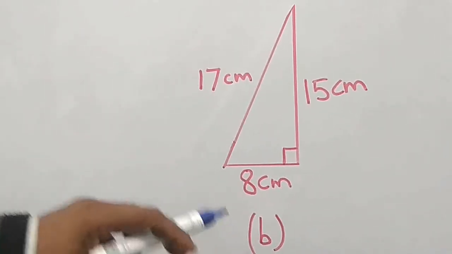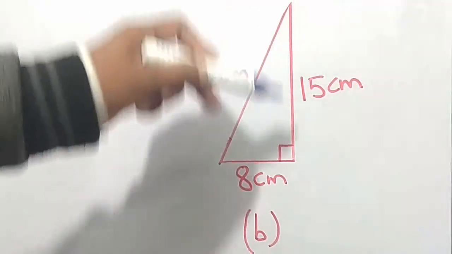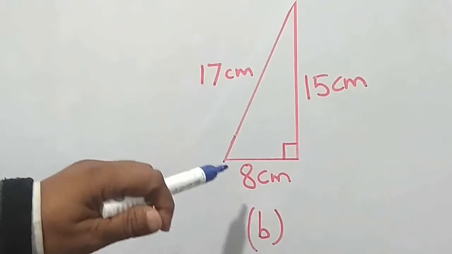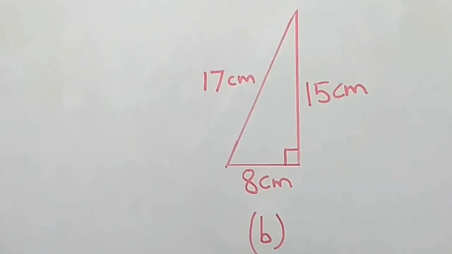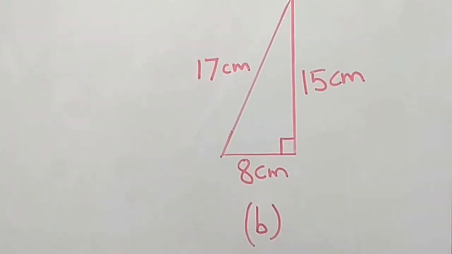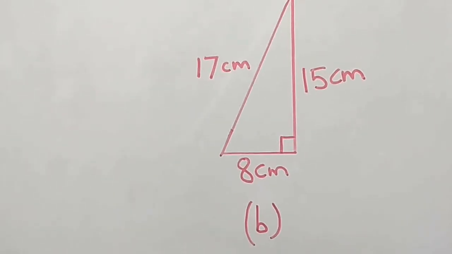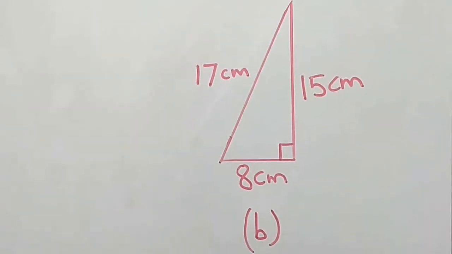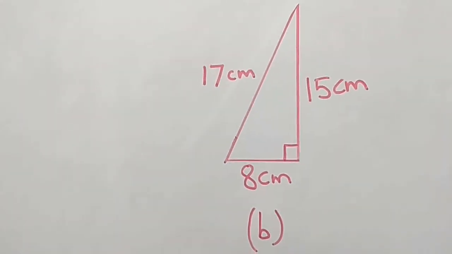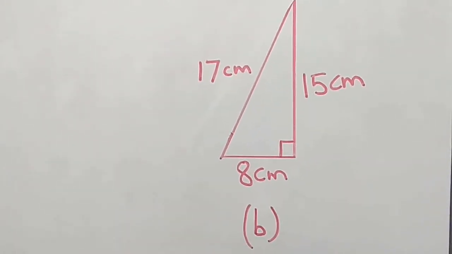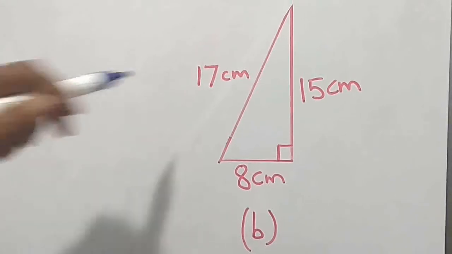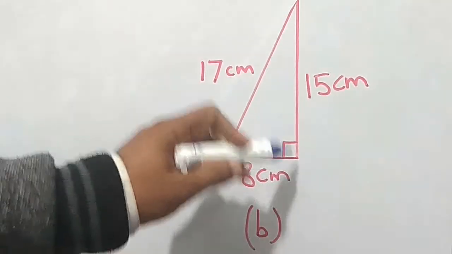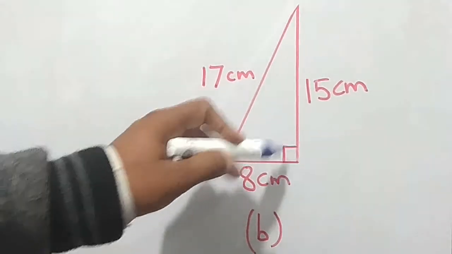Now the figure B, in which one side is having the measurement 15 centimeter, other one is 17 centimeter, the third one is 8 centimeter. So the name of this triangle is, all the three sides having different measurements, so the name of this triangle is scalene triangle, because the measurement of all the three sides is different and one angle is right angle.